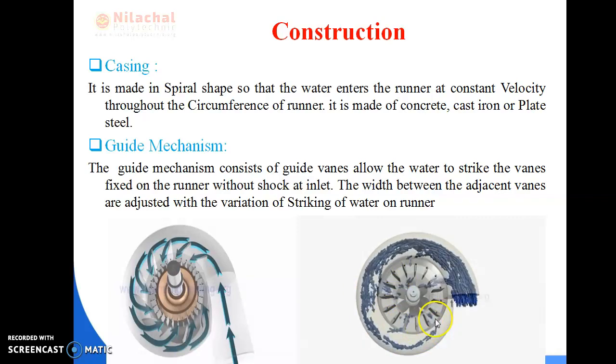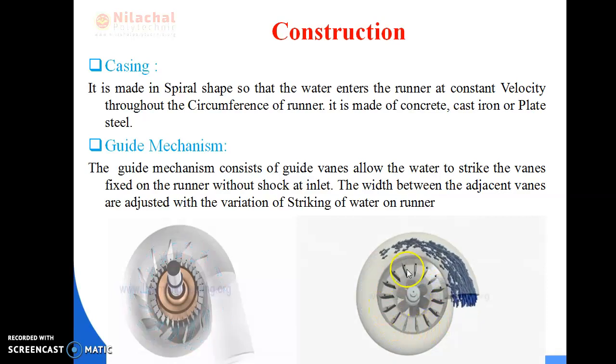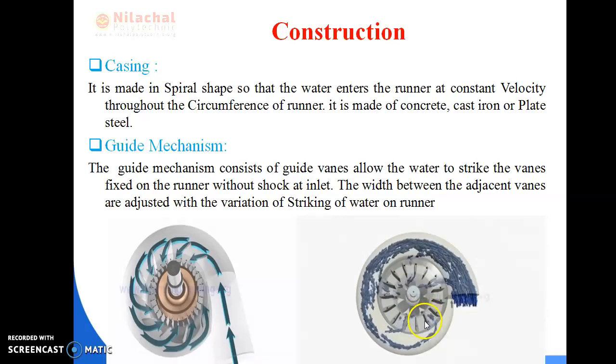This middle part is known as the guide blade mechanism. In the guide blade mechanism, you will find there is a ring that is attached to the periphery of the surface of the casing, where the blades are mounted.